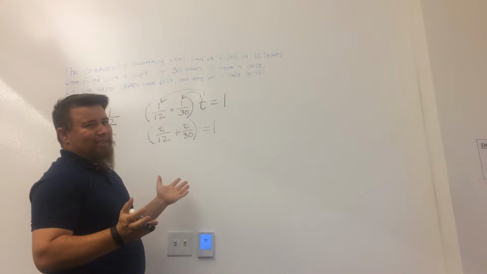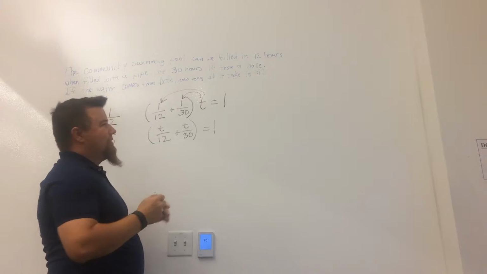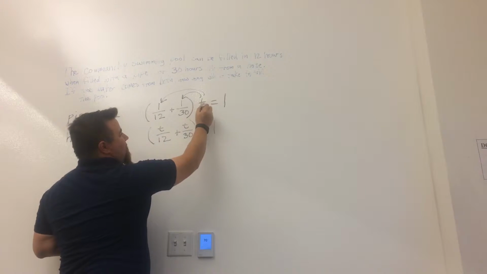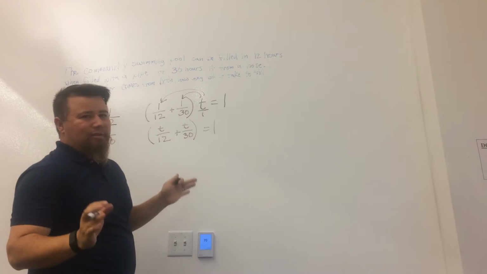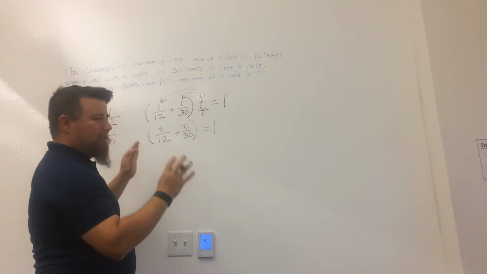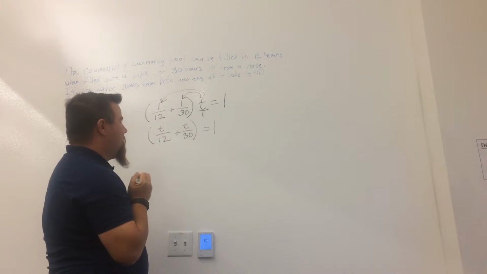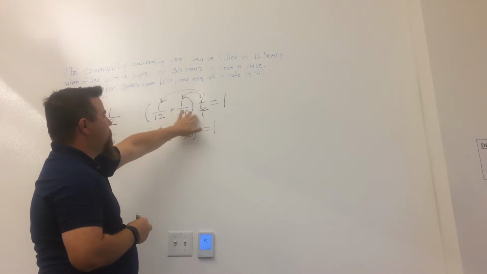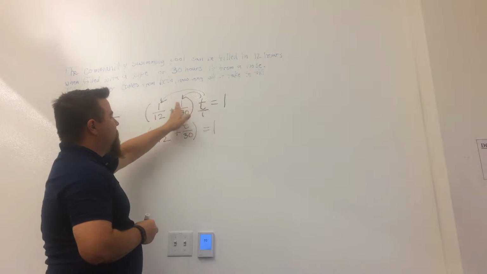It might make sense to some people, but this T is actually a T over 1, because it's a whole number of some sort. We don't know what the number is yet, that's why we're using T. But it's over 1. And so when you're multiplying, you're just multiplying across.